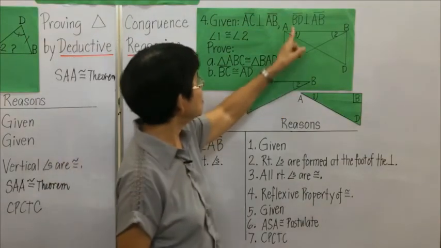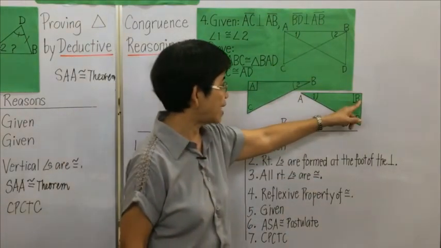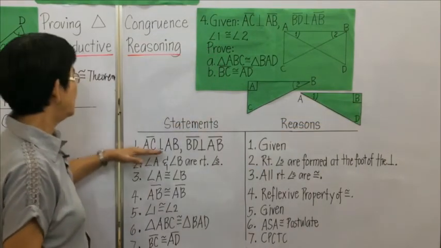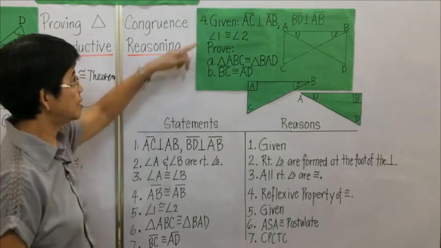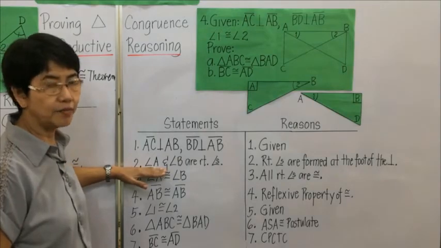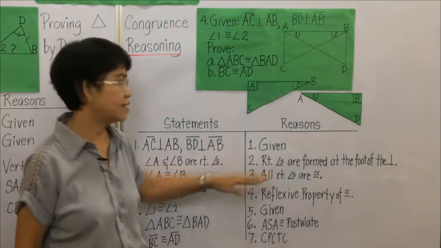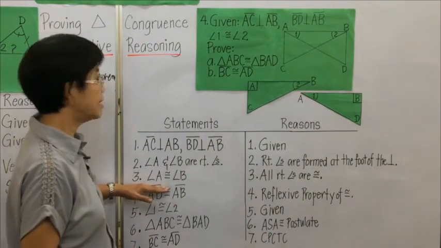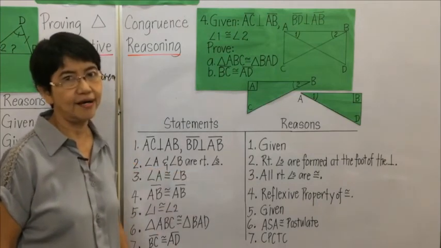And also BD is perpendicular to AB, so we have a right angle at angle B. So for our first statement, we have the perpendicularity given, and then angle A and angle B are right angles because right angles are formed at the foot of the perpendicular. And then angle A is congruent to angle B because all right angles are congruent.